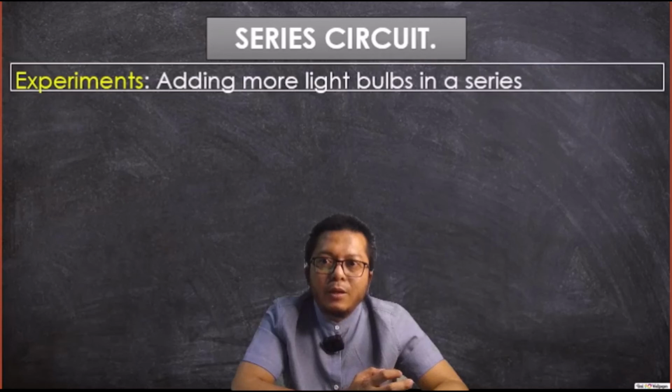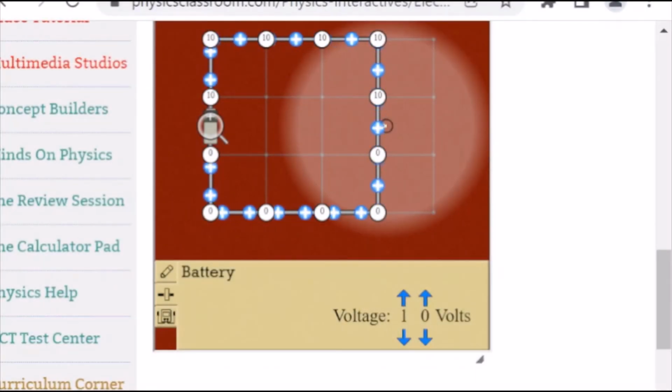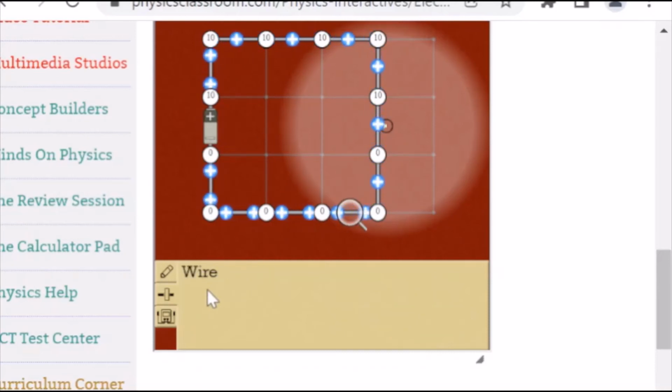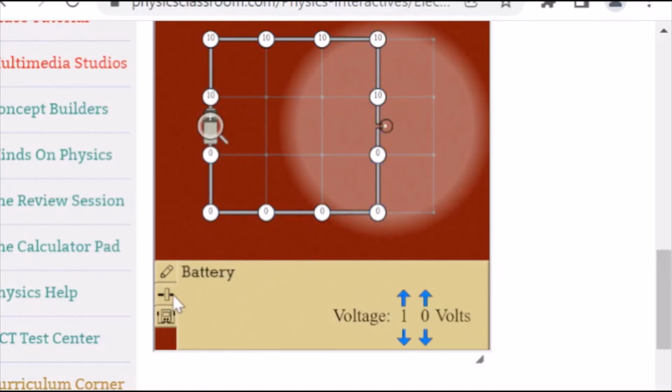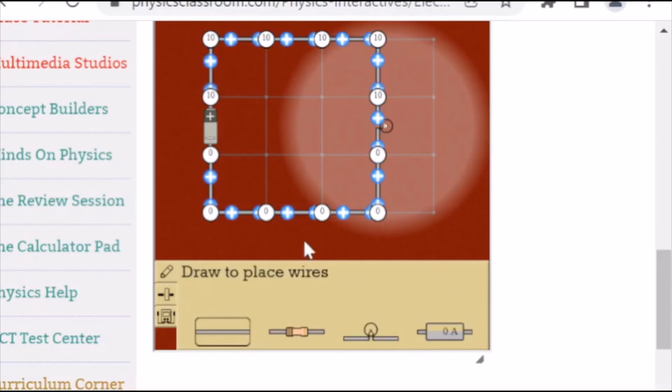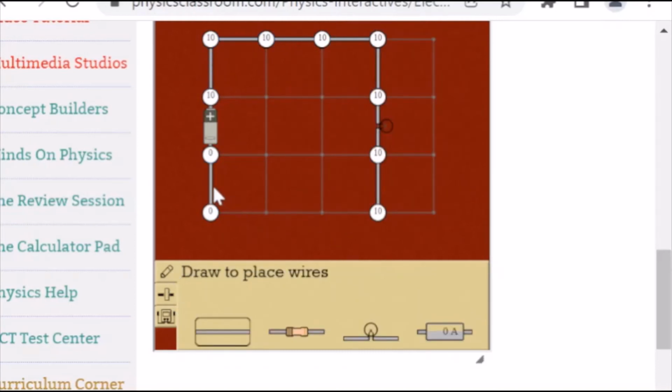Okay. In the next experiment, adding more light bulbs in a series. So let's take a look at the same virtual setup. Okay, let's move to the virtual setup, so we cancel that.